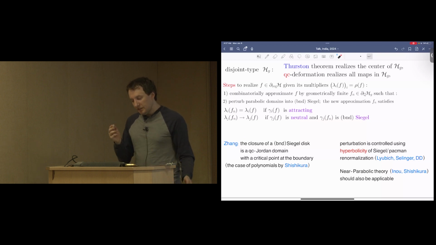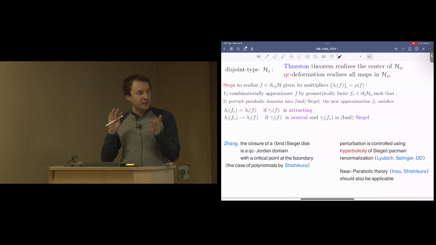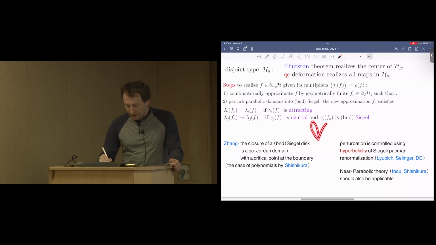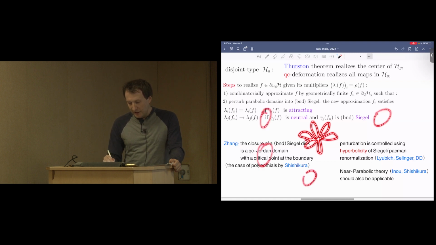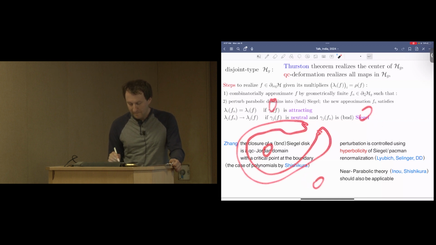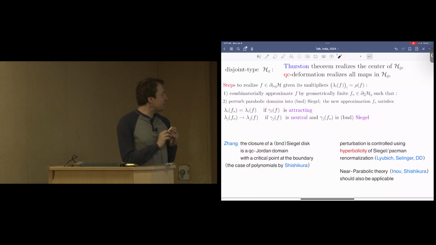And we can also control such a perturbation from the homotopy viewpoint. What can go wrong is that here we have a parabolic flower, and here are some other domains. In principle, when we do perturbation into a Siegel disk, the new Siegel disk may start to do something wild. So it may change a homotopy class.